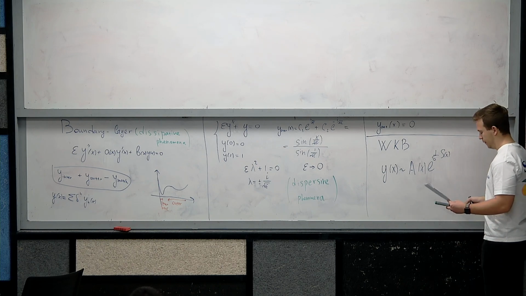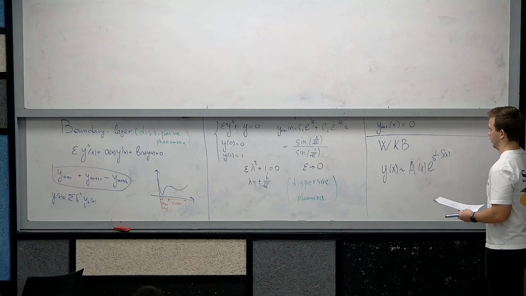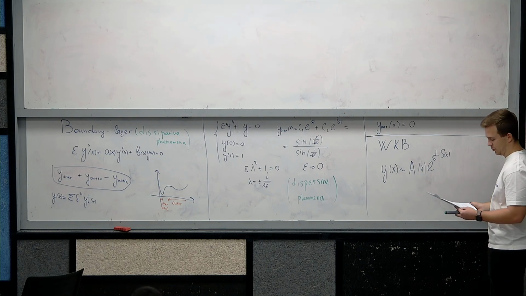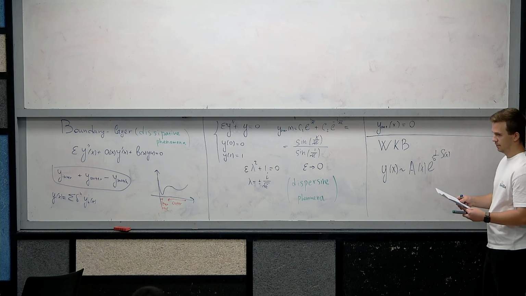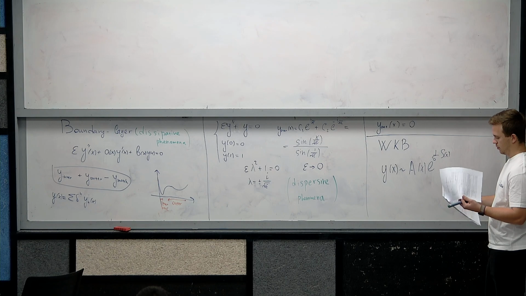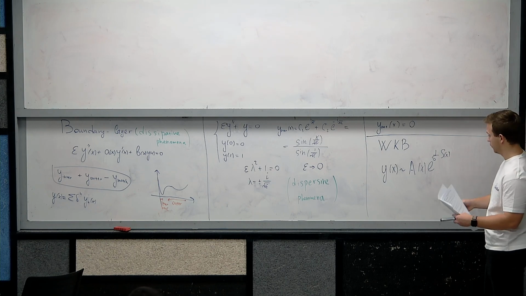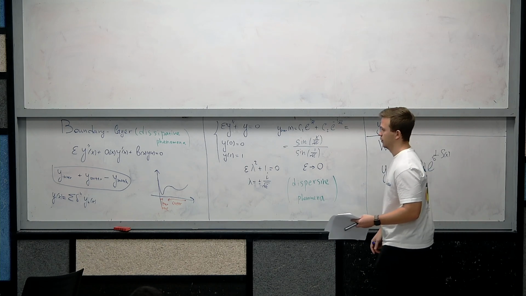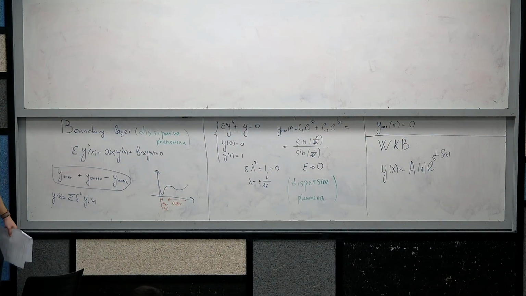And if s is imaginary, we have dispersive phenomena or oscillations, like rapid oscillations, like waves, etc. Okay. So I think you derived all of the formulas for WKB. The derivation is quite simple.